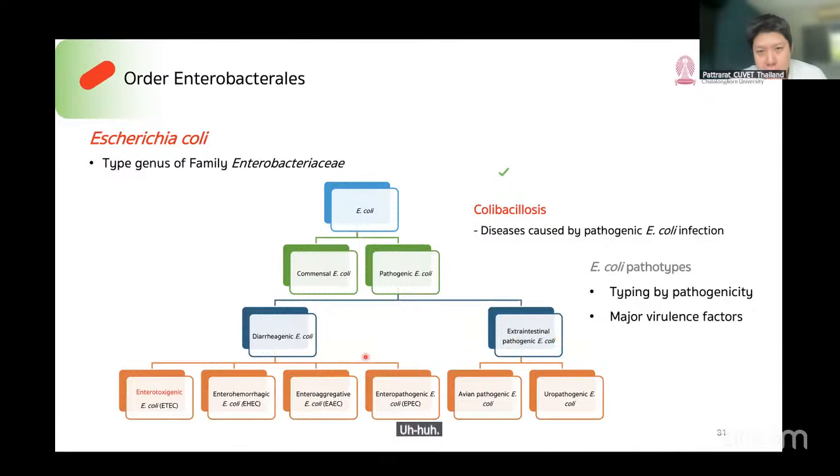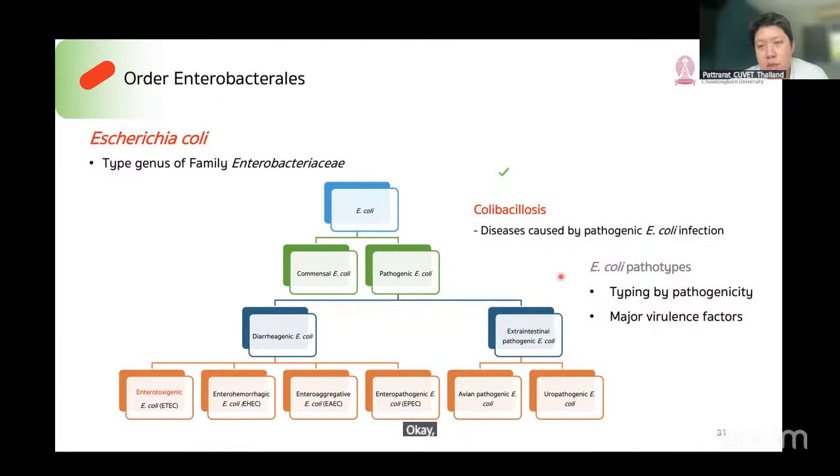The disease caused by pathogenic E. coli needs different virulence factors and shows different pathological abnormalities. So E. coli can be classified into different pathotypes.